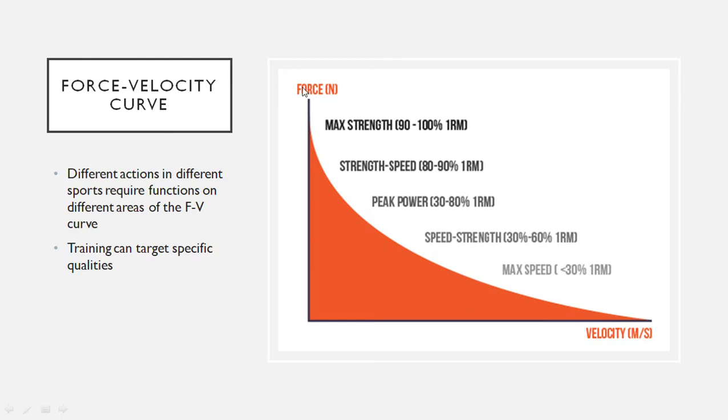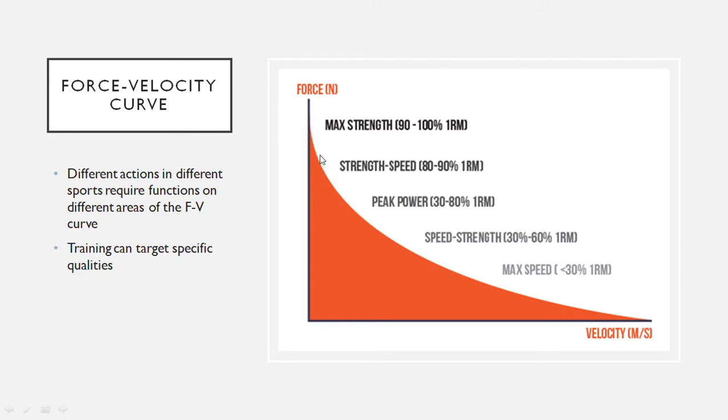With that in mind, we have this idea of the force-velocity relationship, which suggests that the more load we can lift, the slower we're able to lift it, and the lighter the load is, the faster we can lift it. Let's take a really simple example, a normal back squat. If we get someone to load their 1 RM onto a back squat and try to move it as fast as they can, it's going to be very, very slow, but the force is going to be very, very high, so it's going to be somewhere up here.